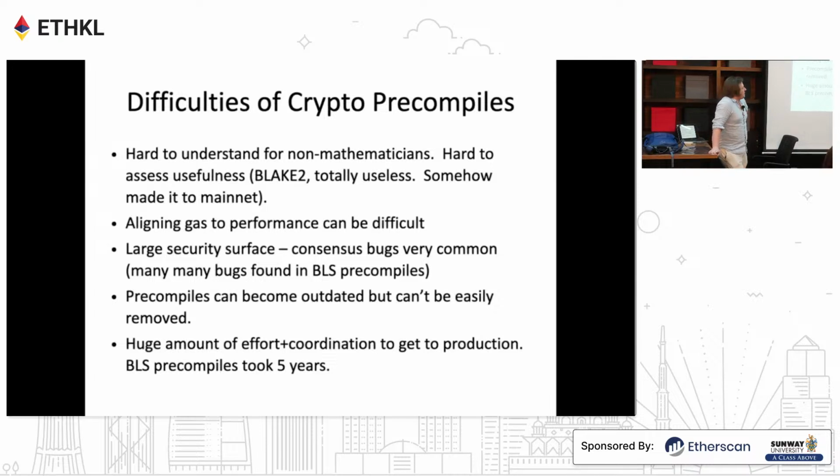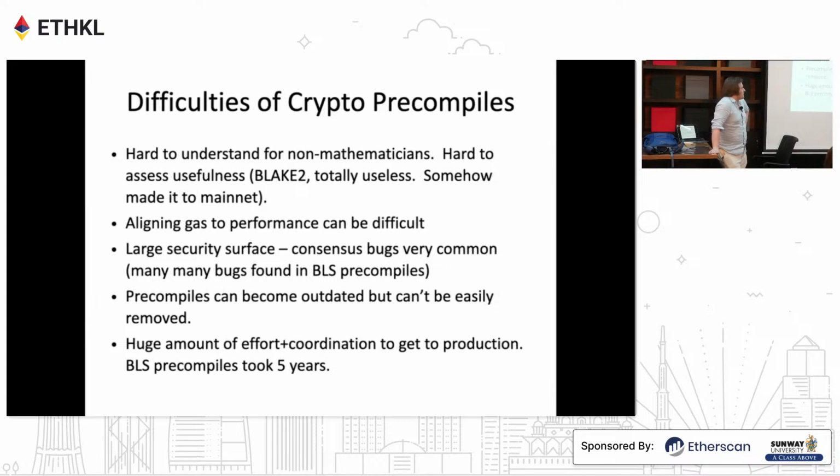Precompiles are actually kind of a nightmare from the developer perspective. If you don't understand the math in a very detailed way, it's really hard to assess what the hell is even going on, right? Likewise, it's hard to assess what is even the usefulness.